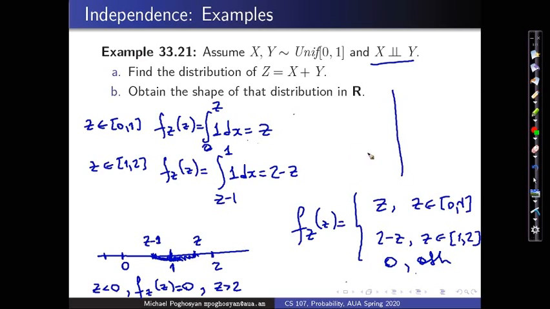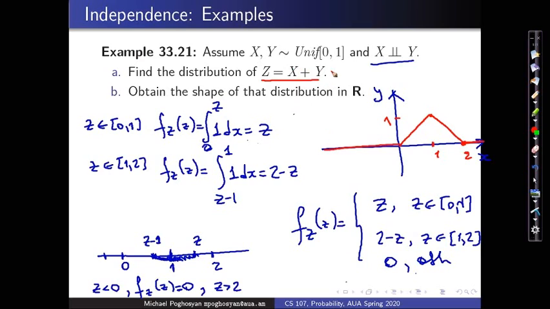And the graph of that will be the following: from 0 to 1 it is z, this is 1, then 2 minus z, this is 2, and 0 otherwise. So the sum of two independent uniform 0, 1 random variables has this PDF, a triangular distribution, the sum of two uniforms.